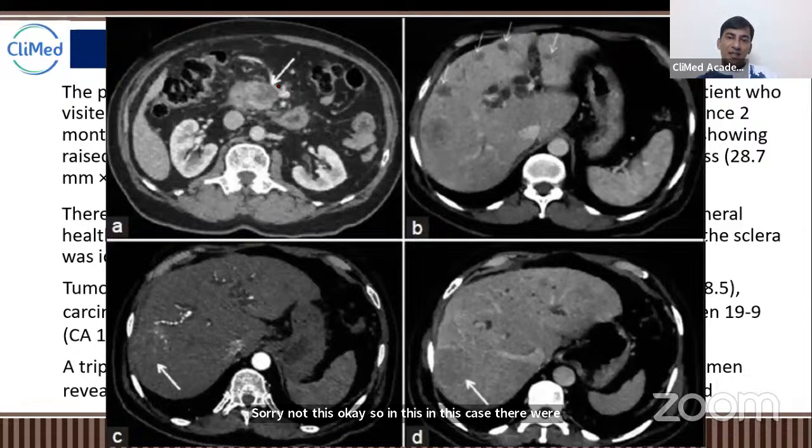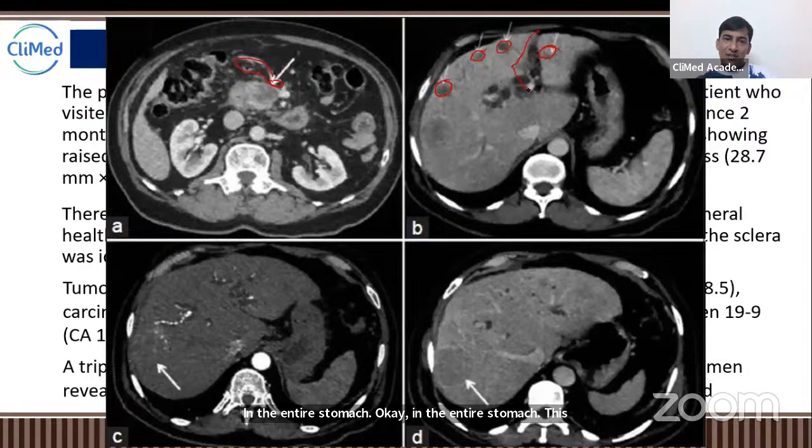This is the pancreas, and at the tip of the pancreas there is the tumor. If you look at the horizontal view, there are multiple hyperechoic lesions in the entire stomach. This is not the entire pancreas, this is the entire stomach.